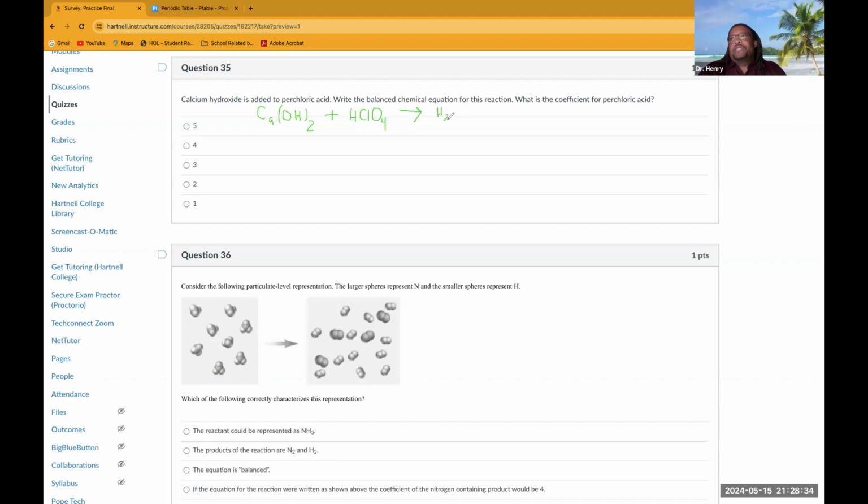H2O plus calcium perchlorate. And how many of them do we need to balance out our calcium?